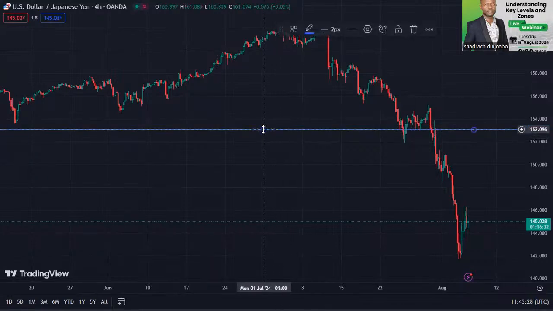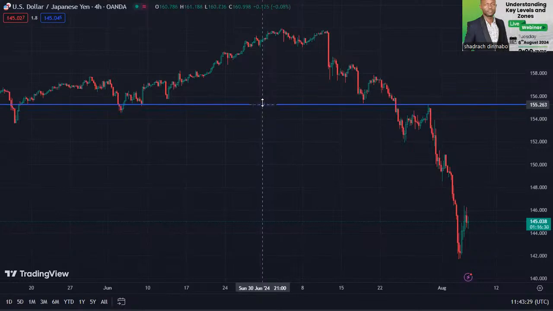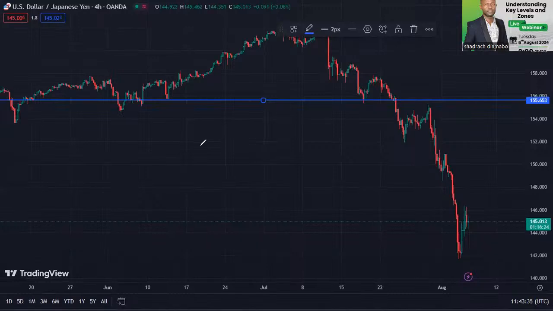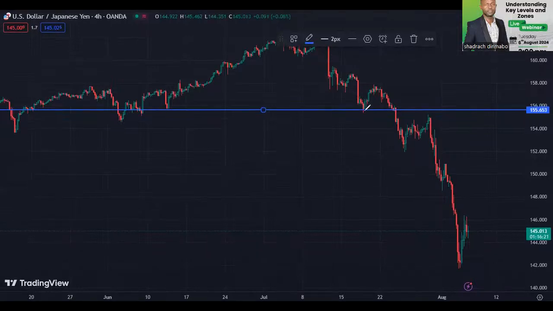If you watch this point here, the market came to this point, and when it came to this point, it reacted. Is that okay? And then it broke that point. After it broke that point, it came to this other point and again it reacted.